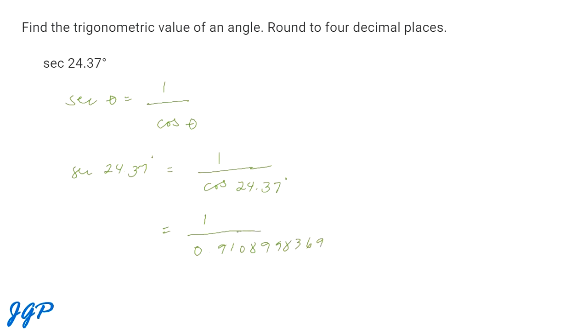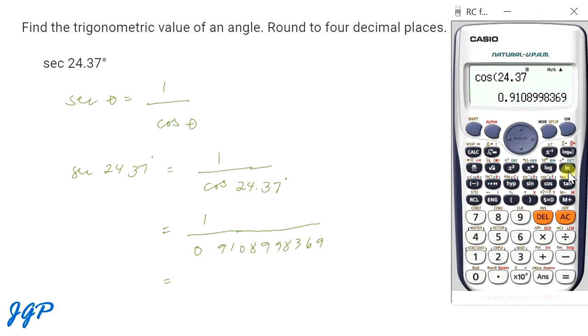0.91089983669. Ayan. And then, pares natin yan sa ating scientific calculator. So, we have here, 1 divide 0.91089983669 equals.